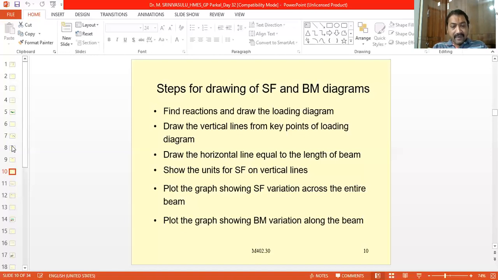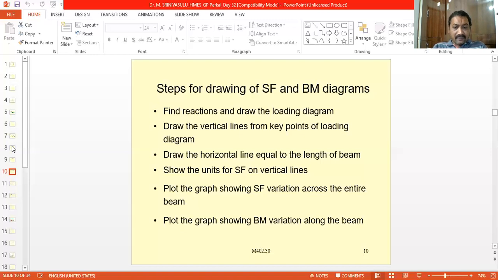Then plot the graph showing the shear force variation across the entire length of the beam. We first locate and identify the shear force at each point, then join all the points so that the graph shows the variation of the shear force across the entire length of the beam.